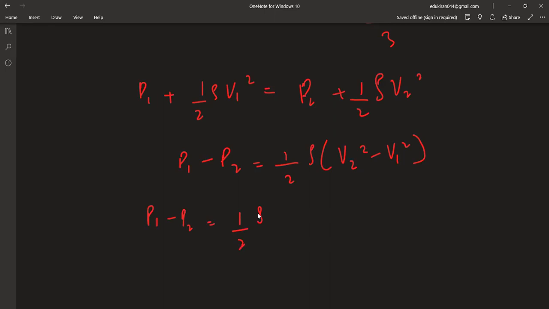One thing we can do: you remember the identity A square minus B square? How do we write it? A square minus B square is A plus B into A minus B. This is how we write it.